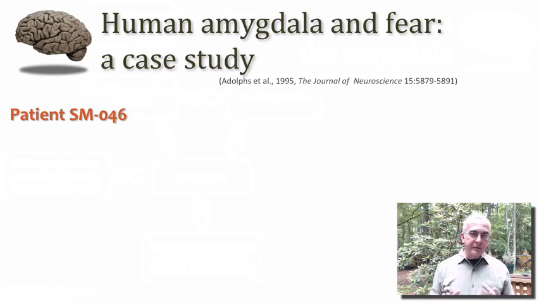And this group has done just a heroic set of studies of this particular patient in characterizing her impairments in her emotional life, but also in her everyday real life experience in the real world. Well, this is a patient that is known in the literature as patient SM or patient SM46.